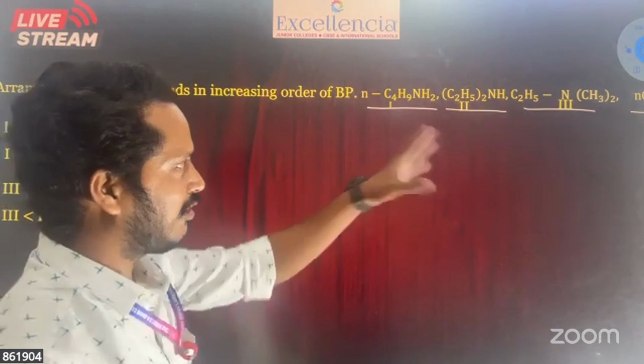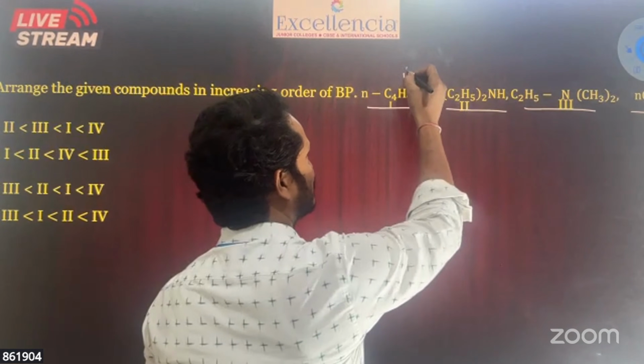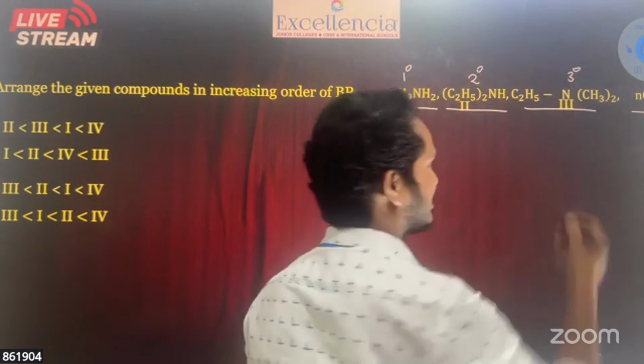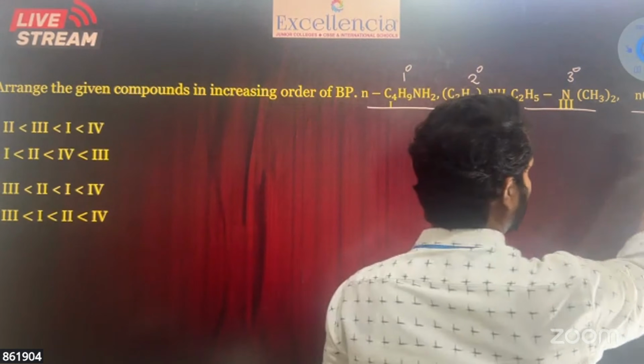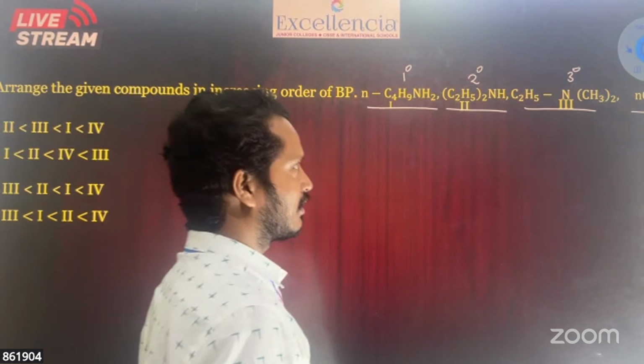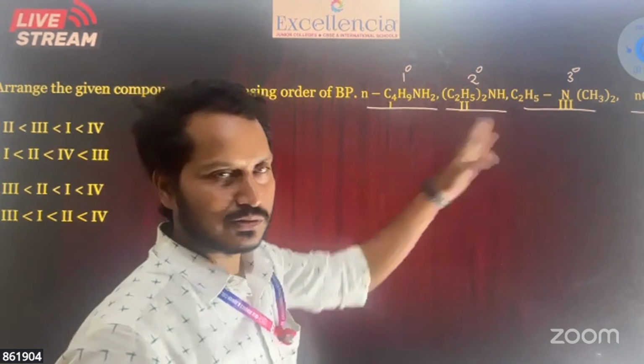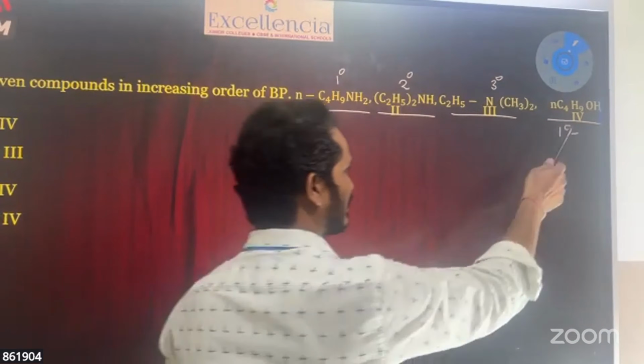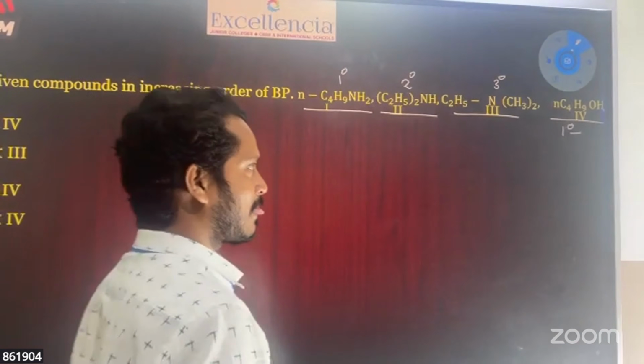So almost all are similar, but this is a primary amine, this is a secondary amine, and this is a tertiary amine. This is a primary alcohol. Okay, so amines and alcohols both have a chance of hydrogen bonding, but hydrogen bonding in the case of alcohols is stronger.